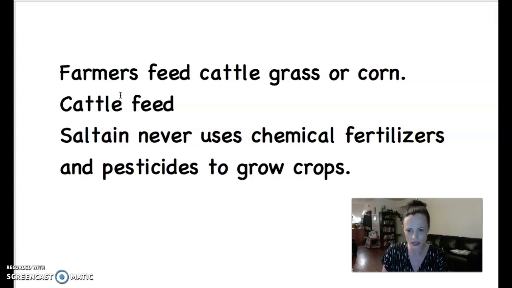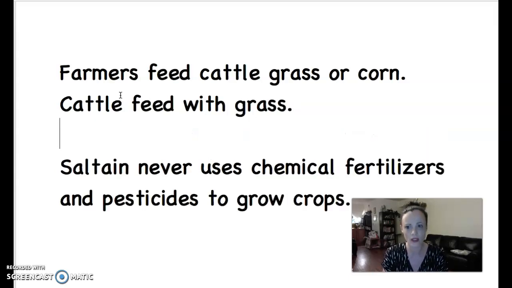Cattle feed with grass or corn, or cattle feed grass or corn. So I think I saw a lot of things like this. Cattle feed with grass. Cattle eat grass, but that's not the point. You're talking about what they're given, what people give to the cattle to eat, right?